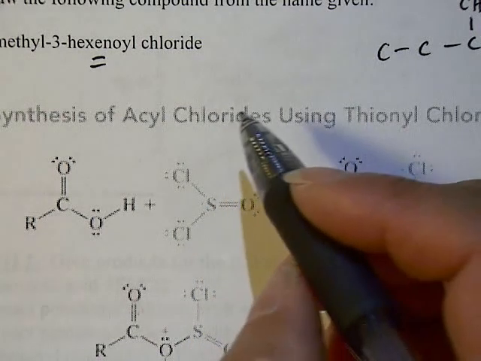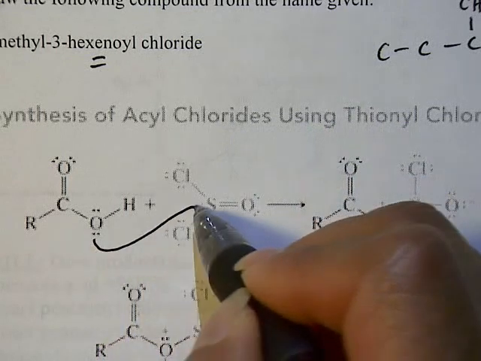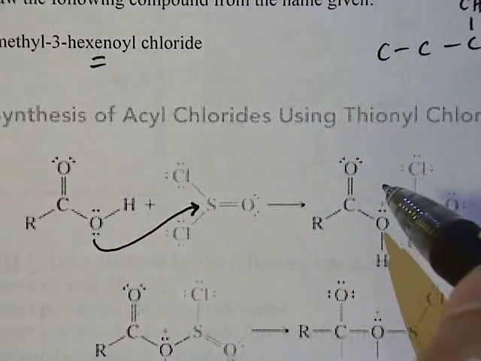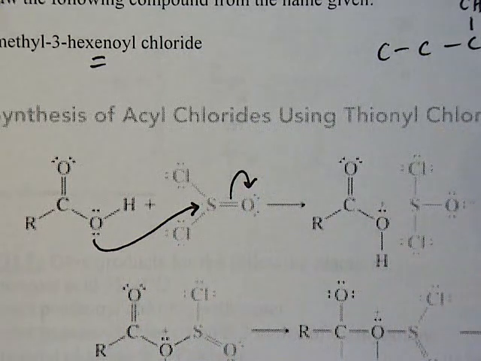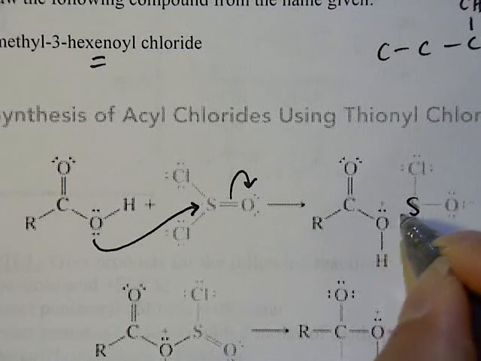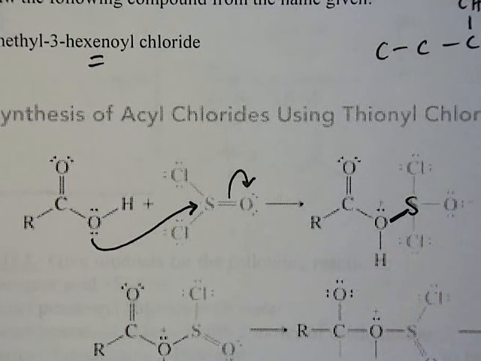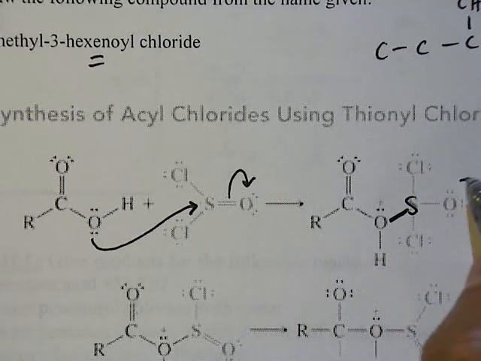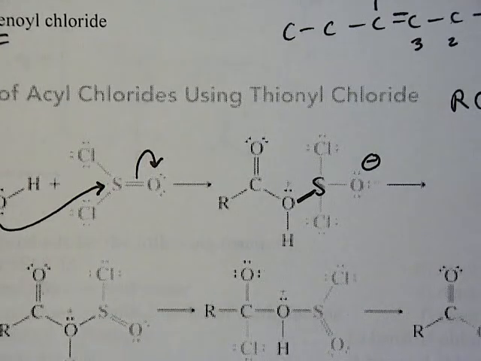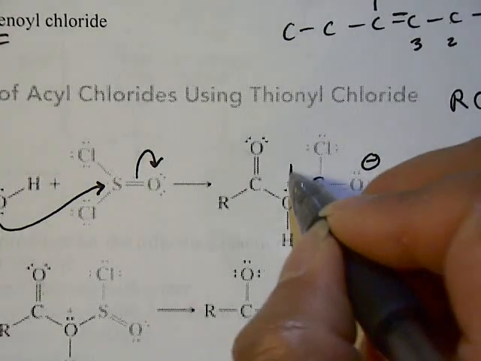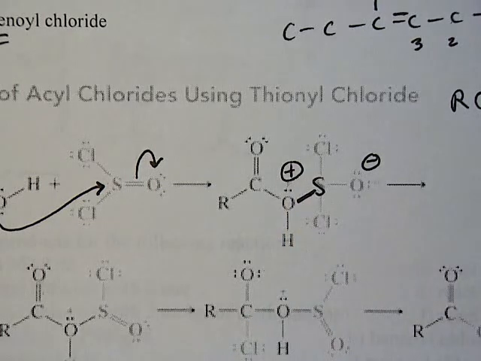So one of the first things that happens is a nucleophilic attack on that sulfur, the same kind of chemistry you've seen before. You make a bond between the sulfur and the oxygen, and you have a negative charge on that oxygen because we broke the double bond. Obviously this is an intermediate, and this oxygen should have a plus charge, right?